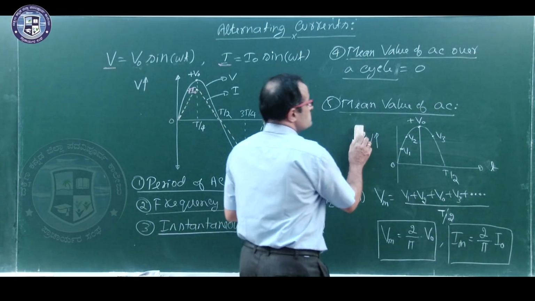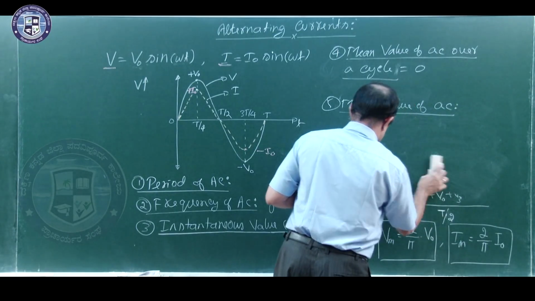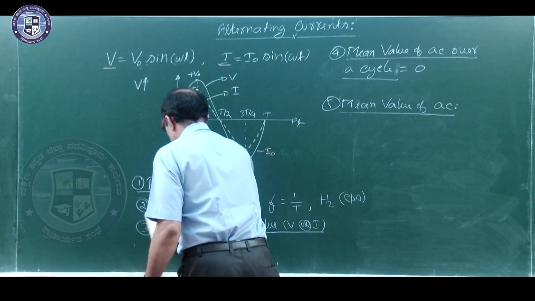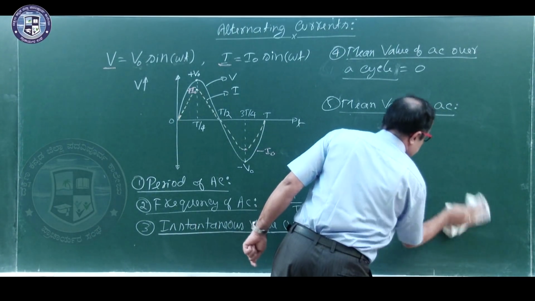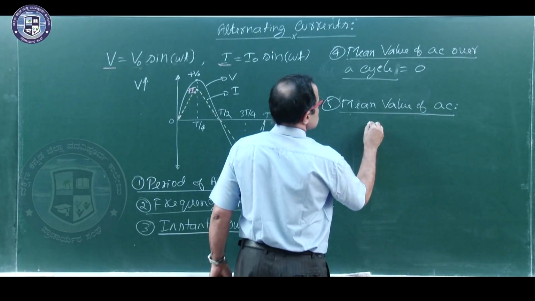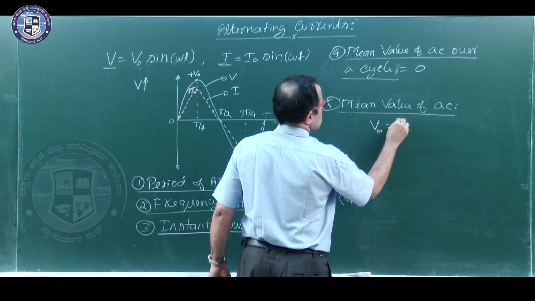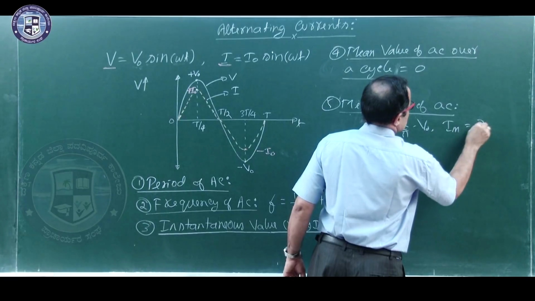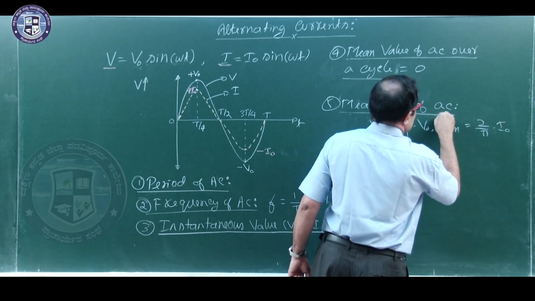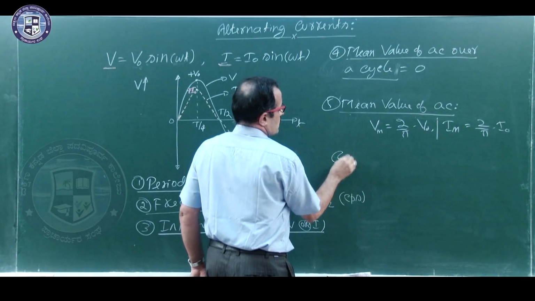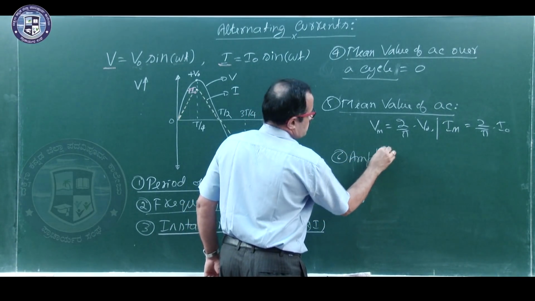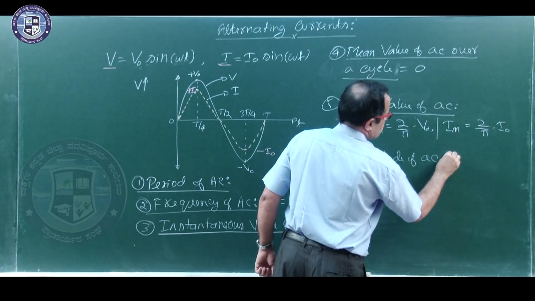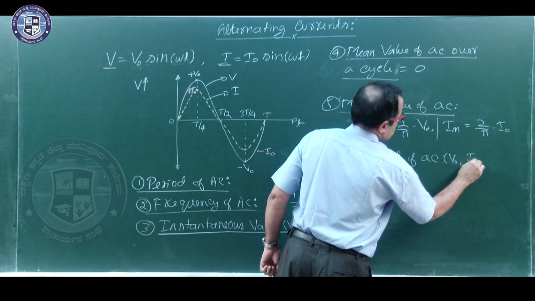Next, amplitude of AC. Symbolically, it is V0 and I0.